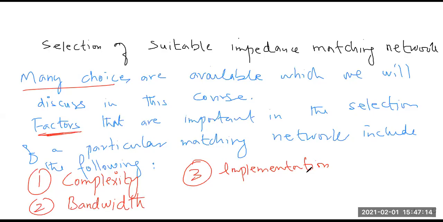Of course, once you understand the theory and working principle of impedance matching circuits, you will be able to understand this implementation. But if I explain it in a simple manner, if you want to design two circuits, but it is difficult to design one as compared to the other, then of course you are going to go for the circuit which is easy to implement as compared to the one which is difficult to implement.